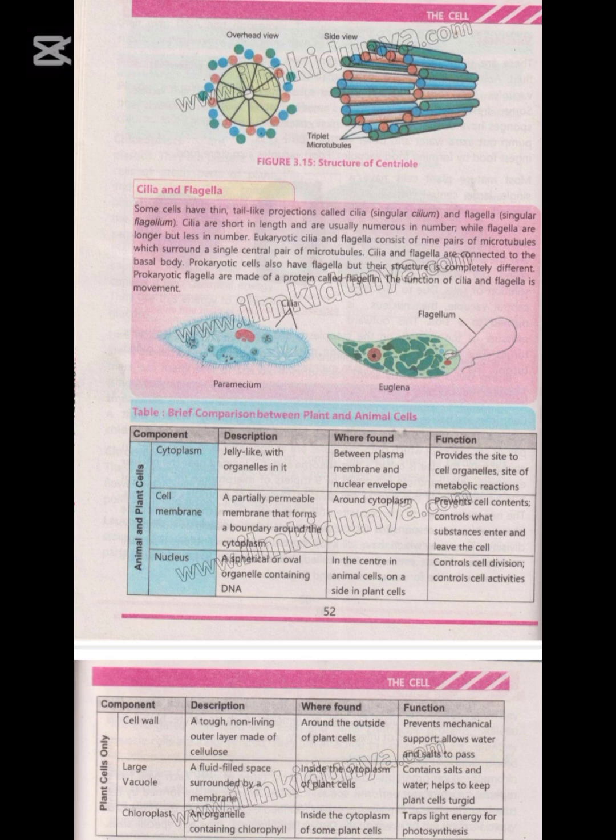There may be 1, 2 or 3 flagella. Eukaryotic cilia and flagella consist of 9 pairs of microtubules which are surrounded by a single central pair of microtubules. As we have studied earlier, cilia and flagella are connected to basal bodies. They are present near the cell membrane.